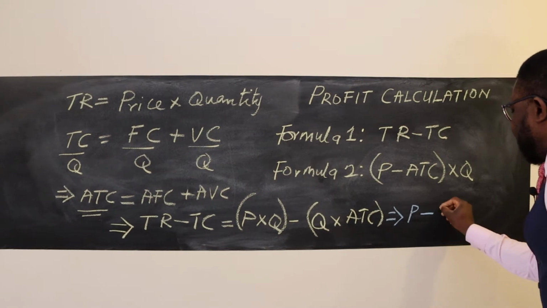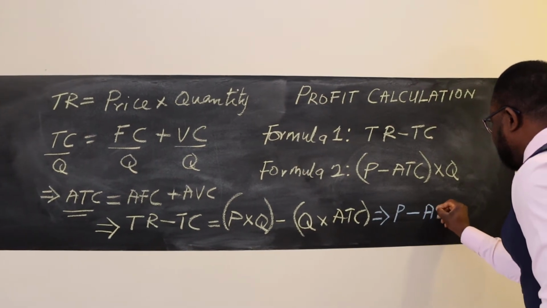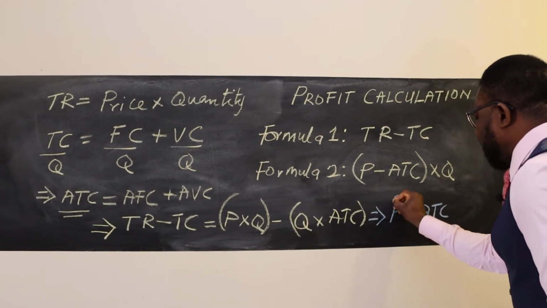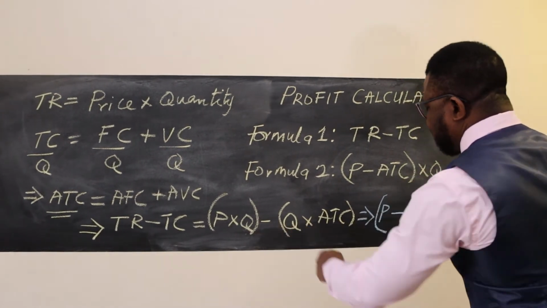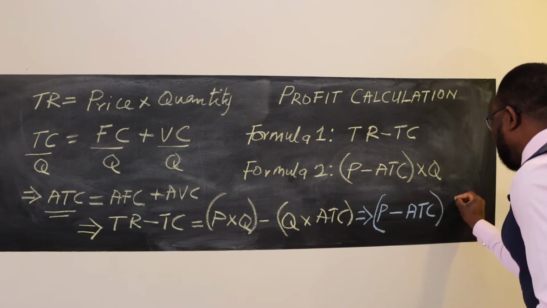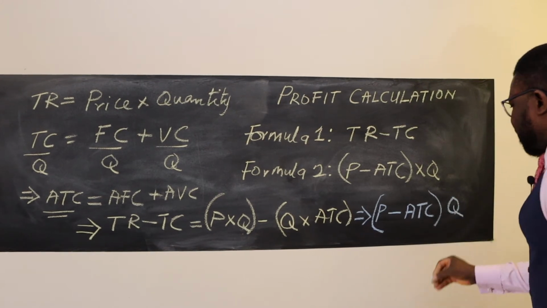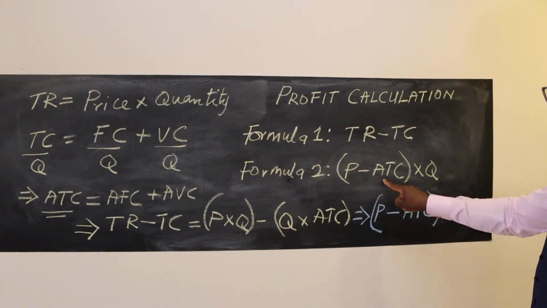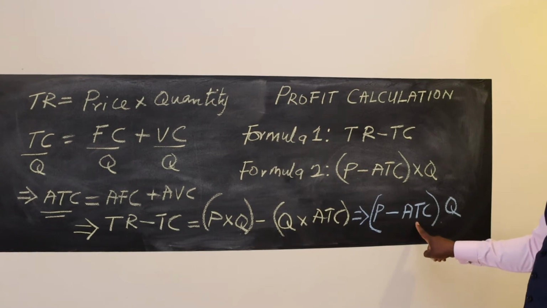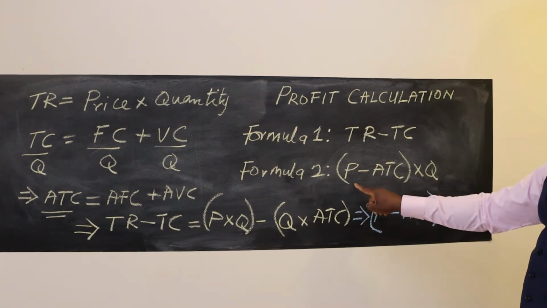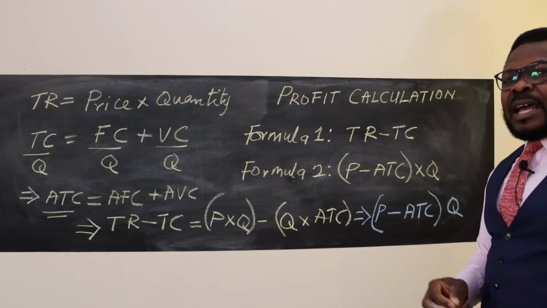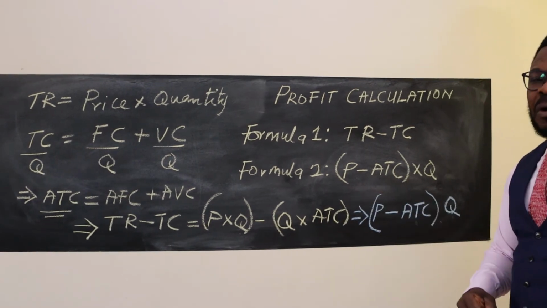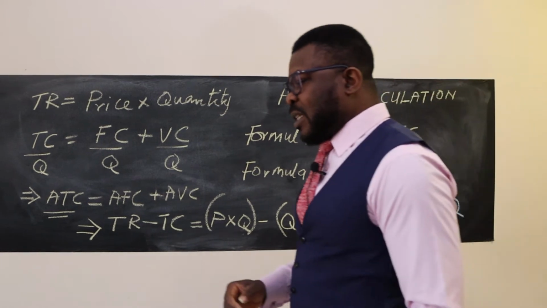So you have ATC, and we are left with one Q, okay? These two Q's here, one cancels out, so we have quantity here. So this is the same as that. P minus ATC times Q, P minus ATC times Q, okay? That is what you should use for your calculation of profit.